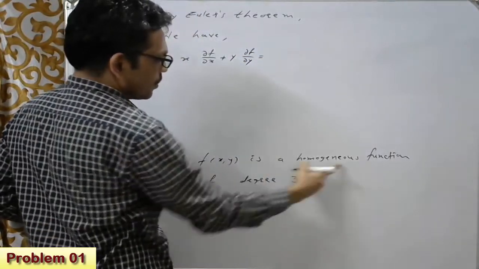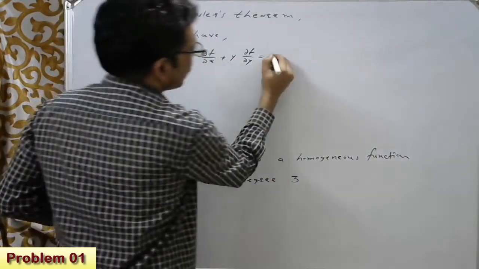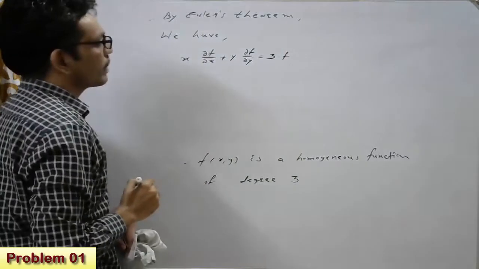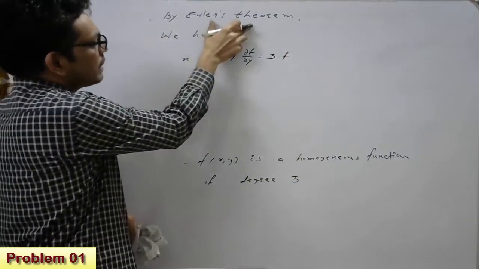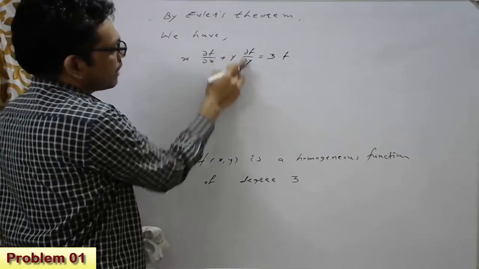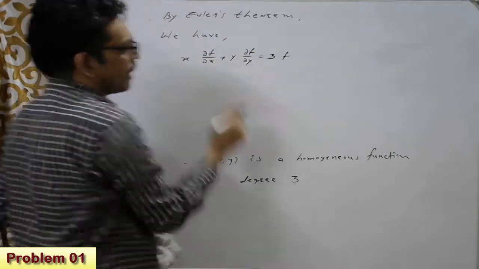But this is a homogeneous function of degree 3. Therefore, here we write 3 times the function f. Okay. Therefore, by the Euler's theorem, we write x del f/del x + y del f/del y = 3f.